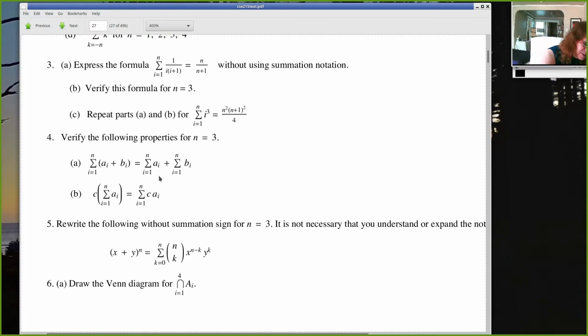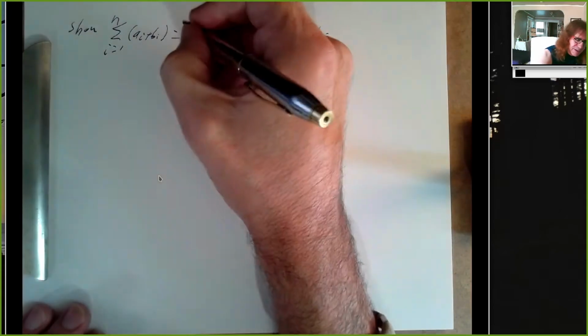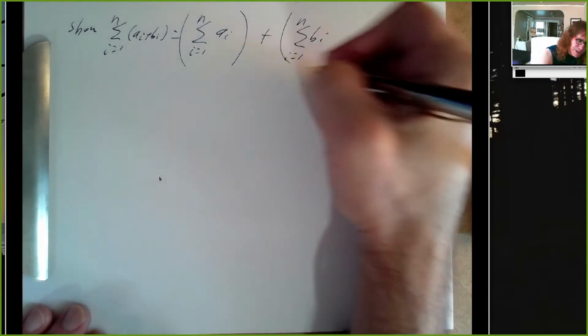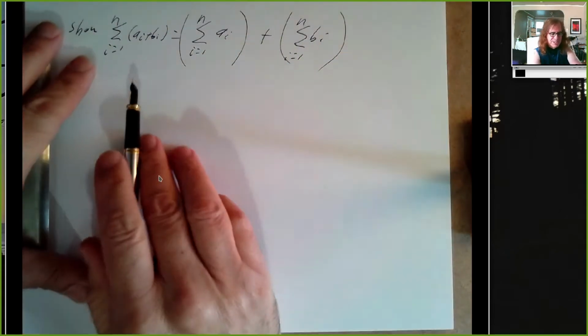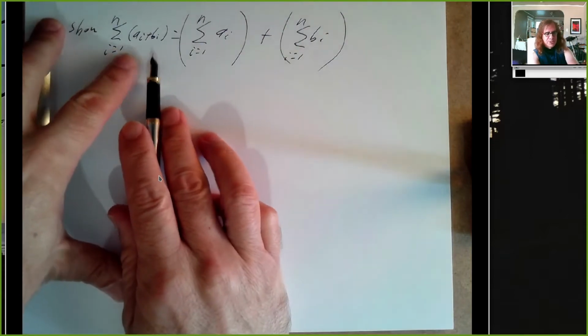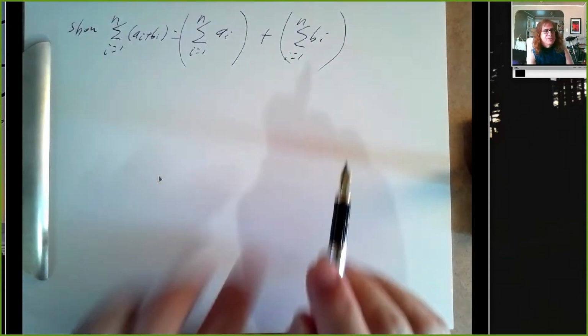And so we're asked to show that the sum from i equals 1 to n of a_i plus b_i equals these individual sums. So something like this, and I'm going to put some parentheses in here just to be clear that we're trying to take this summation of this sum and show that it's equal to this summation plus that summation.